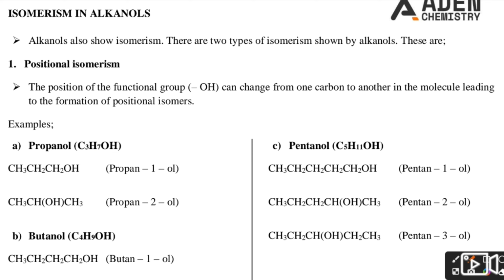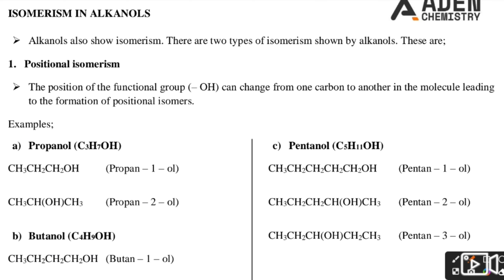The first positional isomer of propanol will be propan-1-ol. The second, the functional group will be placed in carbon number 2, so it will be propan-2-ol. So propanol has only two positional isomers: propan-1-ol and propan-2-ol.